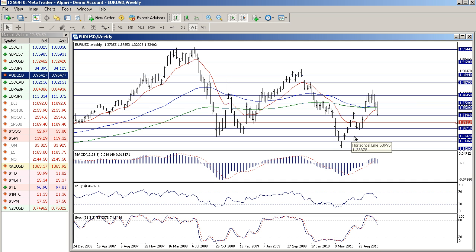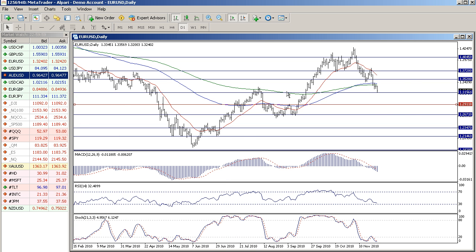So the weekly chart is turning negative too. Notice the sell signal here from the daily stochastics.